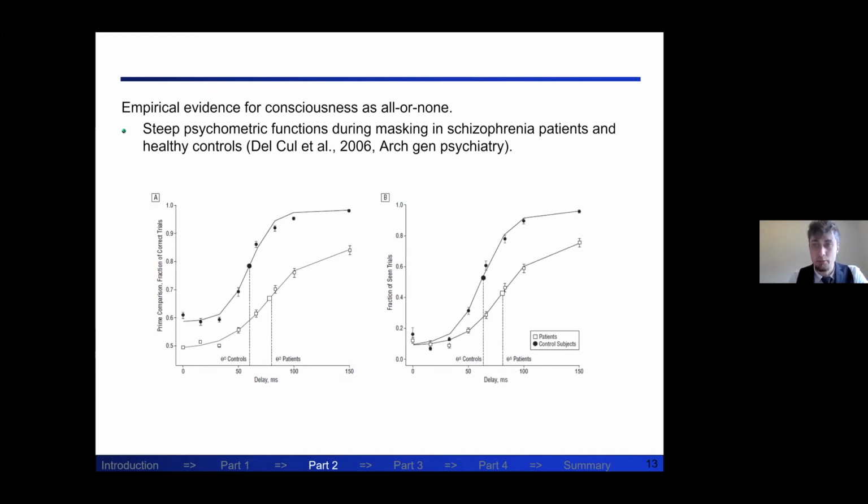These are some old papers, but the same claims were made again in Dehaene's book, which is, I think, 5 years old or something like that. So the first piece of evidence is that in masking, for example, you have these steep psychometric functions. That shows a kind of transition.